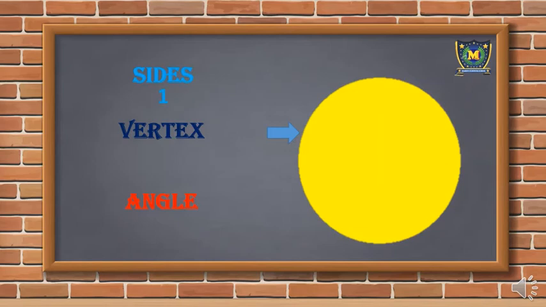Okay, let's proceed to vertex. Did you see any point here? Nothing, right? Now, we can say that a circle has zero vertex. Same with angle. Okay, now the circular shapes have one side, zero vertex, and zero angle.